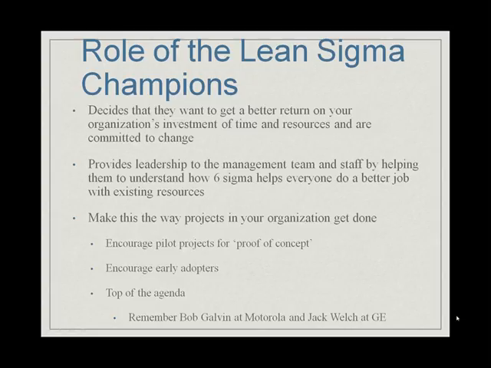They decide what projects need to be utilized, and they serve as a go-between between the executive committee or management council in an organization and the individual Six Sigma teams. These individuals are key to Six Sigma project success.